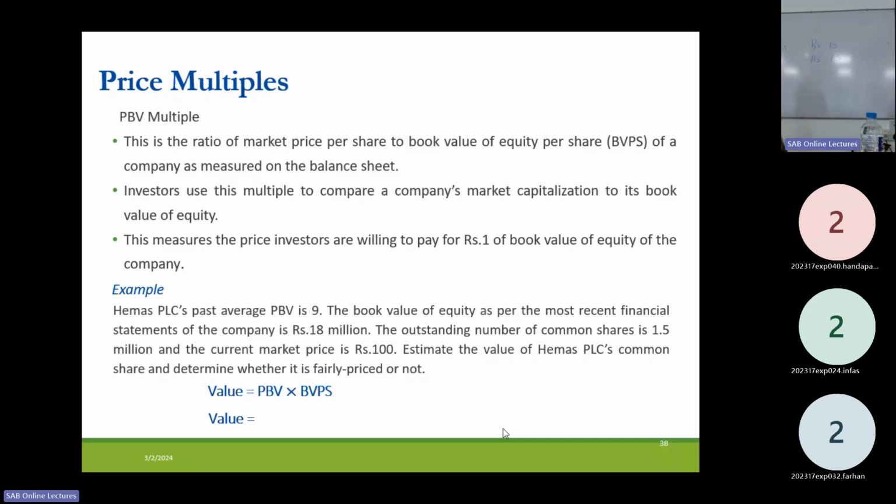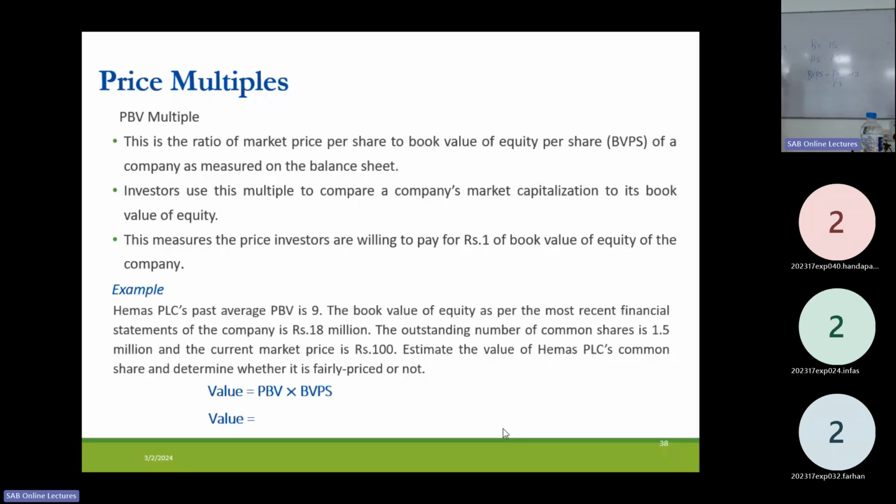So based on the price to book value ratio, what is the value? You can calculate book value per share as 18 million divided by 1.5, which is 12. So the current book value per share of the company is 12 rupees. Then how much is the value? The value of the company is equal to price to book value.